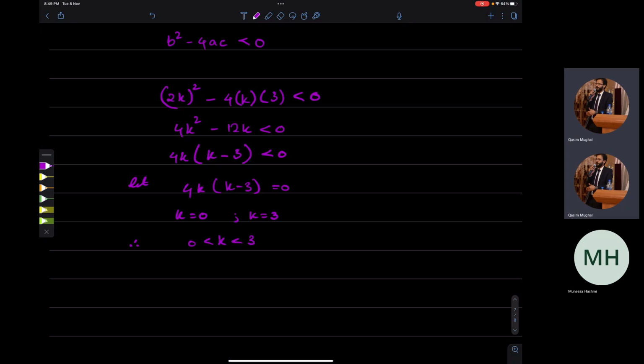All right. So prove that k satisfies the inequality. But wait a minute. Why does it say k is less than or equal to 0? If I put k as equal to 0, that's not quadratic anymore.